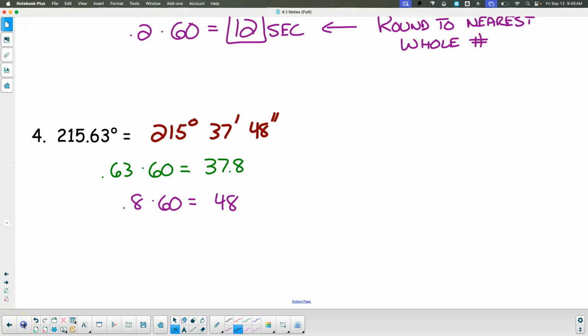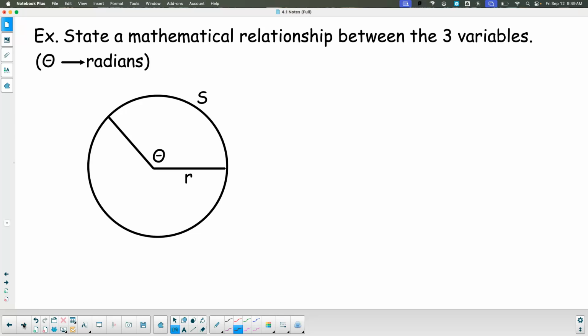Oh yeah, we got time for one more. Okay? From yesterday, what was our mathematical relationship betwixt those three? S equals R times theta. One radian is equal to the length of one radius on the circle, yes, but it was S equals R theta. What was the one condition that we had to go along with S equals R theta?